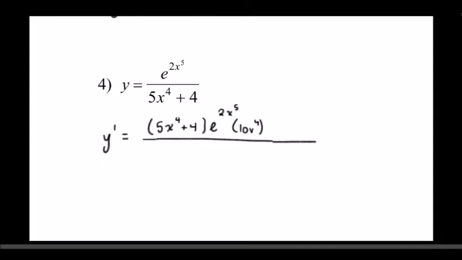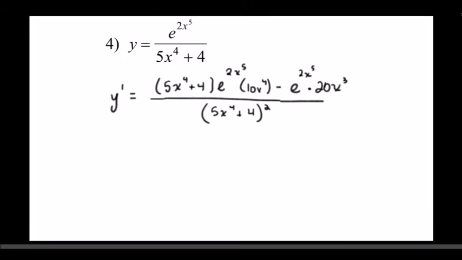So we've got low d high. Now we need to subtract high d low. The derivative of the bottom function is 20x cubed, all over low squared.